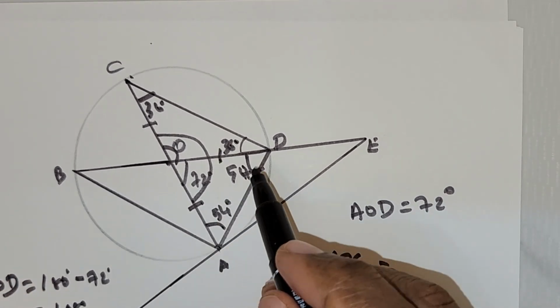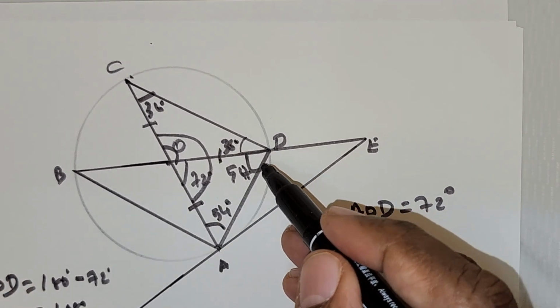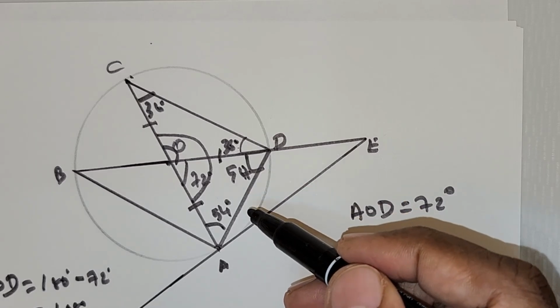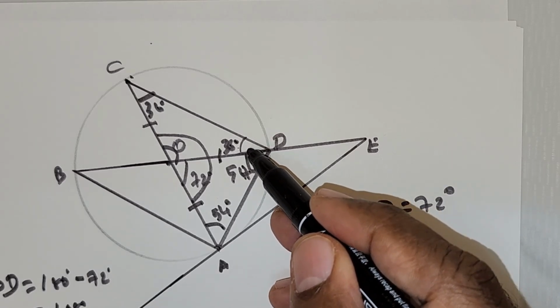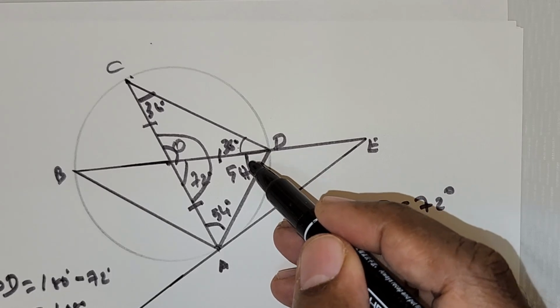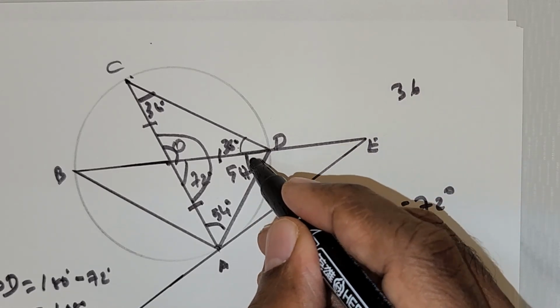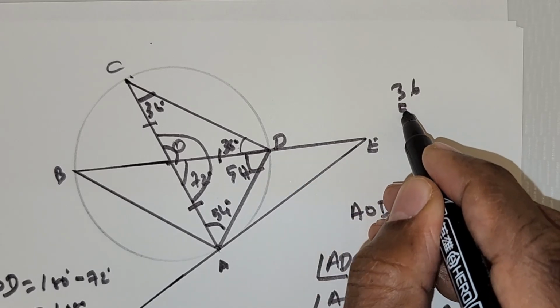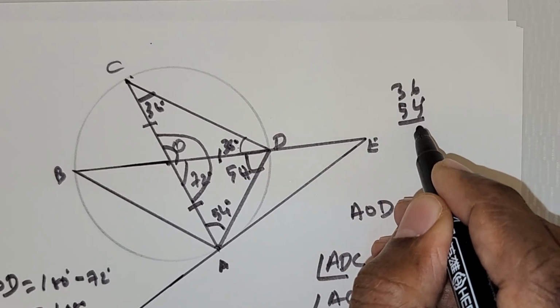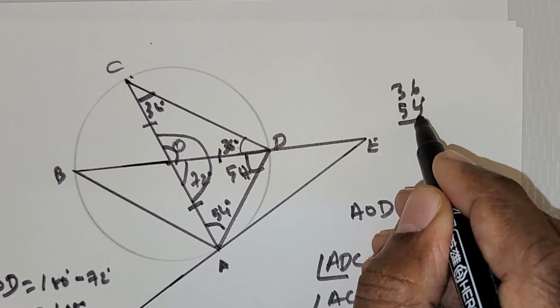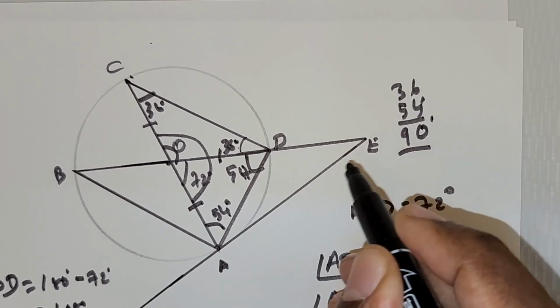Now both of them are 36 degrees. So that means angle at D, the total angle, is going to be what? This is 36 and this is 54 degrees. You add up these two things, you get 90 degrees.